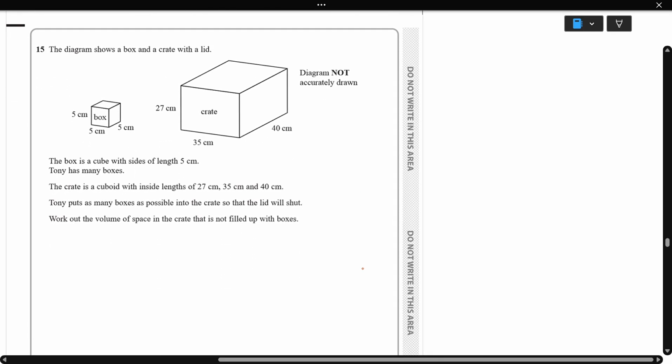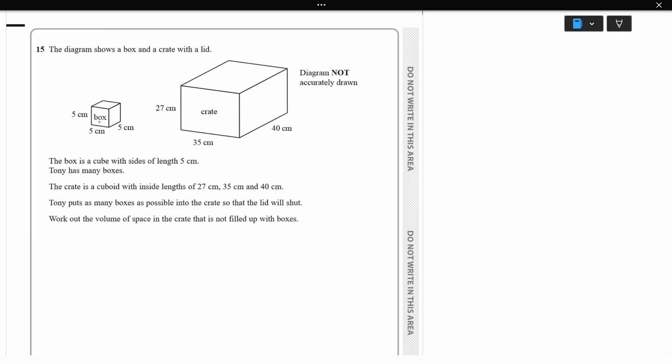The diagram shows a box and a crate with a lid. The small box is a cube with all sides 5, and the crate is a cuboid. The cube box has side length 5 centimeters and Tony has many boxes.